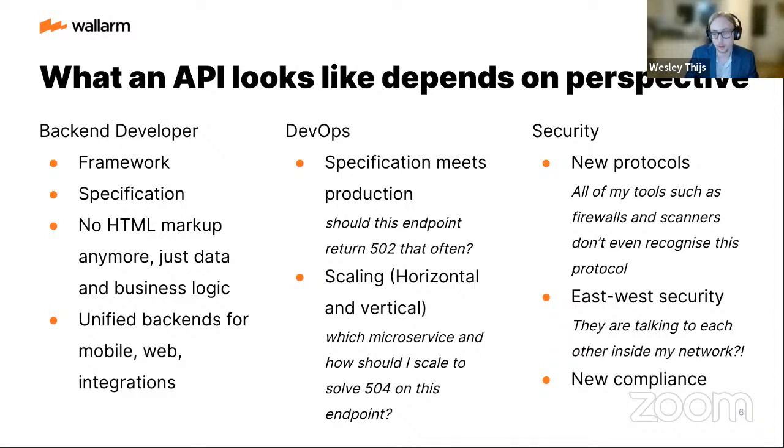And then, of course, the security engineers as well. For security engineers, they focus more on the protocols that come out. So new protocols, do their tools run against those protocols? The scanners, the firewalls, are they even recognizing that protocol? That's important to a security engineer. And also, of course, east-west security, which means are two hosts on either side of the network, on either parts of the network, talking to each other.